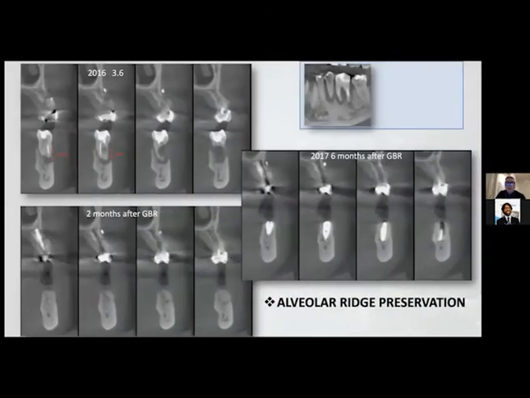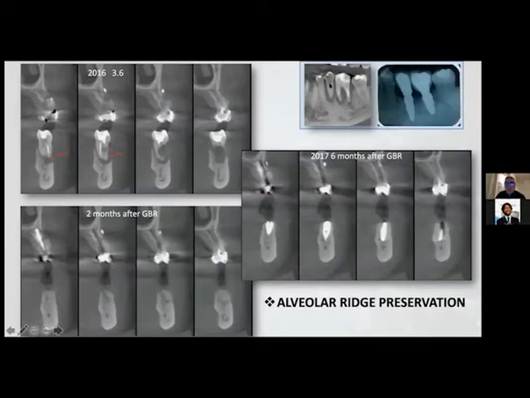This is another alveolar ridge preservation. This is the situation before, and this is the situation after, I don't remember, 30 months, probably. This is a big defect. We lost like 10 millimeters in vertical dimension, and probably 20 millimeters in horizontal dimension.